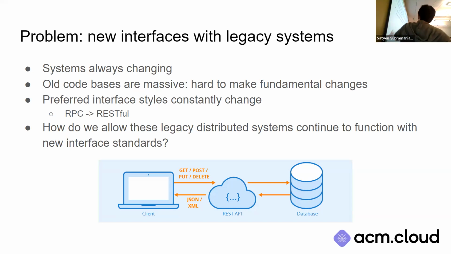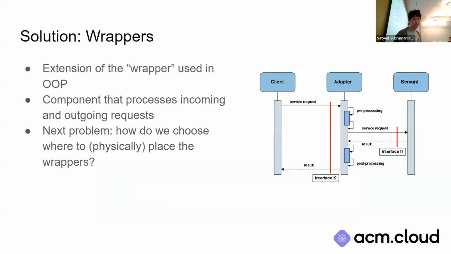In addition, maybe you want to use RPC, or maybe you want to enable all three of these methods to interact with our backend, or maybe we want to just implement our own custom interface, right? So the fundamental problem is how do we allow these legacy systems to continue to function with these changing standards? And so the solution to this is a wrapper.